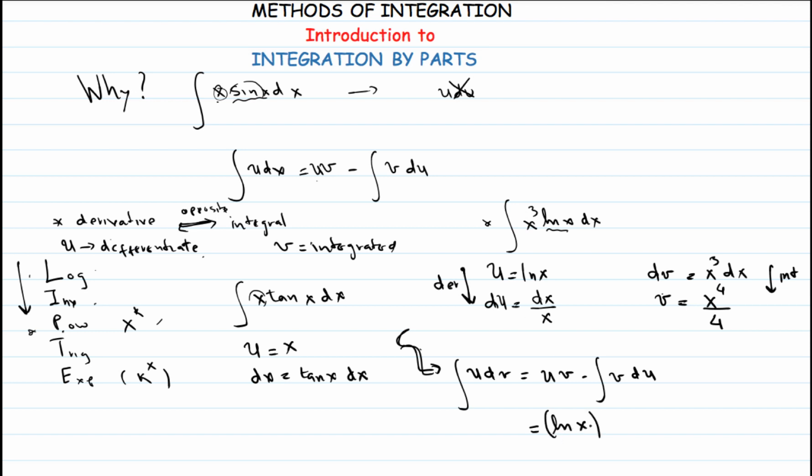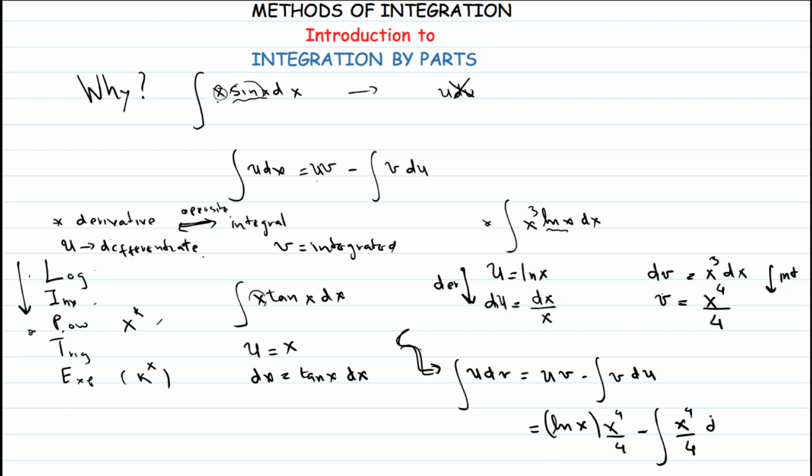It's here. Done. What is our v? Our v was the integral of this dv here. So it's going to be x raised to 4 divided by 4 minus the integral of our v, which is this one, integral of this dv, which is also x raised to 4 divided by 4, and then it's multiplied by du. What is our du? Our du is dx by x.